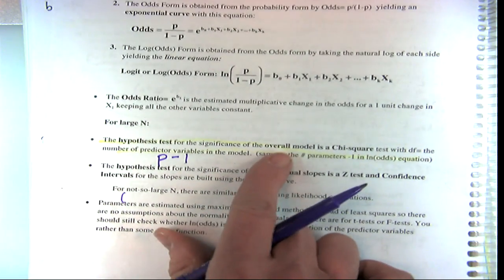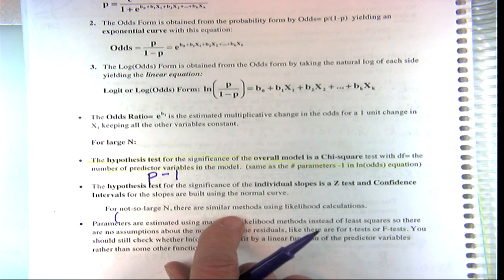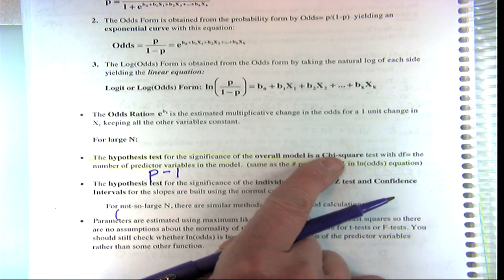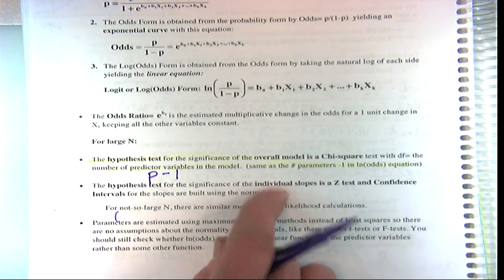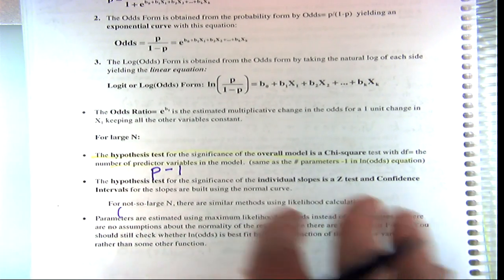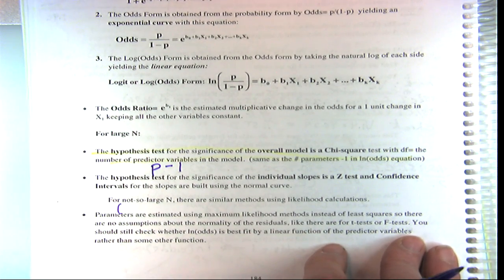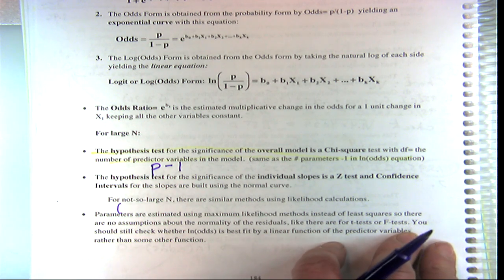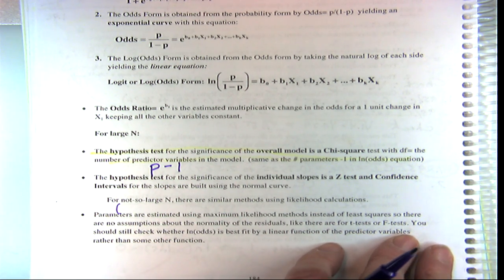usually what you're used to is for not so large n, we'd use either a t-test here for the z or an f-test, but you never do that with logistic regression because remember, these are counts. So if you have a count, and I tell you we have, I don't know, 40% ones, we're counting by ones, you know what the standard deviation is.